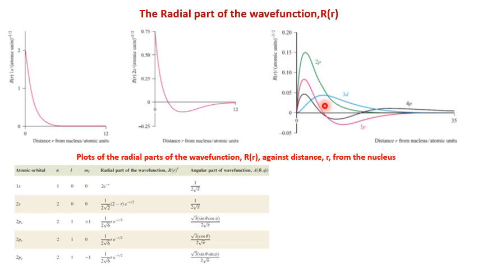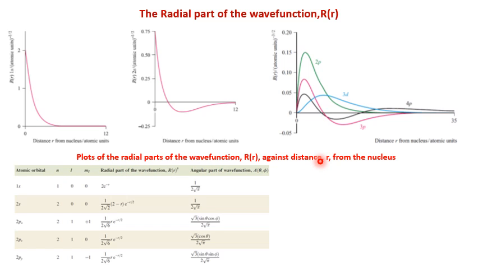Initially, the first node is near a value of 2, and then the second is at a higher value of r, with increasing distance. So this is the plot of the radial part of the wave function against distance.